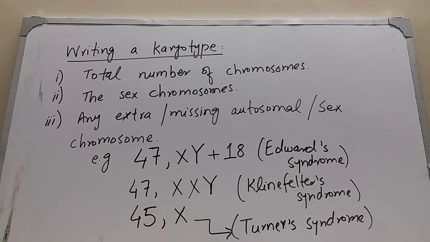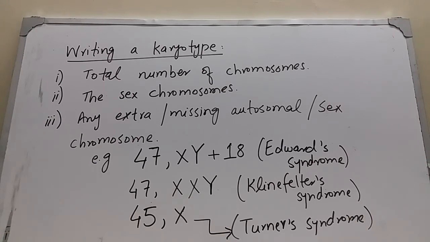So the total number of chromosomes becomes 47. I have written 47, then a comma, XY, the sex chromosomes, plus 18. So 47 comma XY plus 18 shows the karyotype for Edwards syndrome.